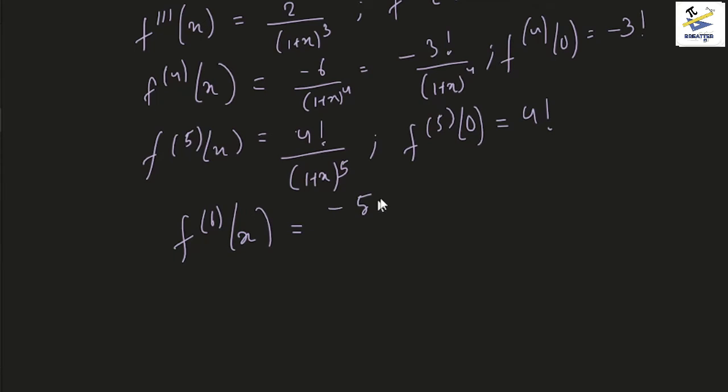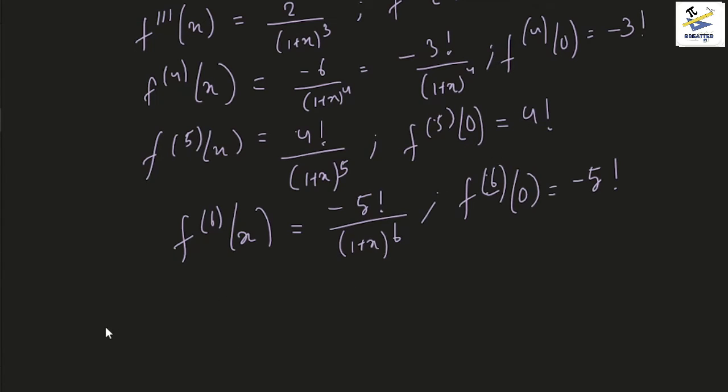It should be minus 5 factorial by 1 plus x whole to the power 6, and f6 of 0 should be equals to minus 5 factorial, right? So as you can see, for the even order of derivative, we have a negative factorial, 1 less than it, and for the odd we have the positive factorial but 1 less than the derivative.